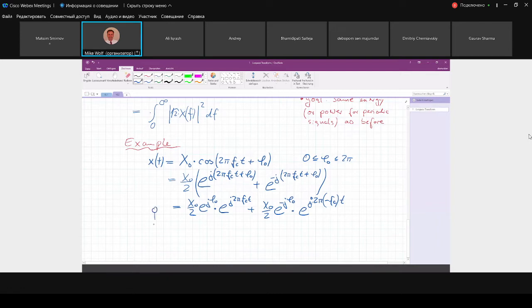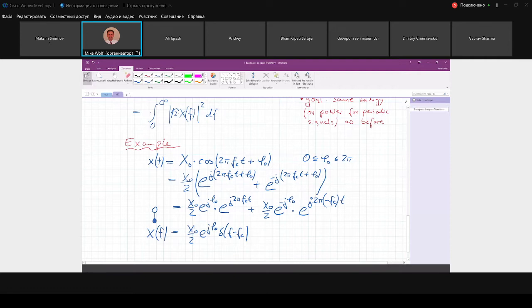Basically, if you see the result, the spectrum looks like this. It's x naught by 2 e to the power j phi delta of f minus fc. So there is a Dirac delta pulse at fc.